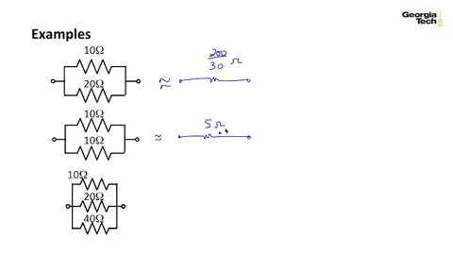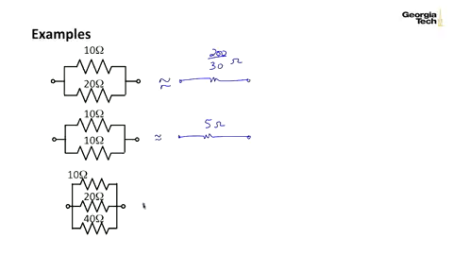Now it makes sense. If you look at this, this is a smaller value for the equivalent than either of these. And the reason it makes sense is because when the current goes along here, it has 2 paths to follow. That means there's a smaller total resistance for the current to follow than if there were just 1 resistor here.